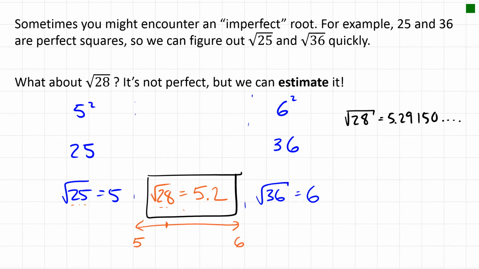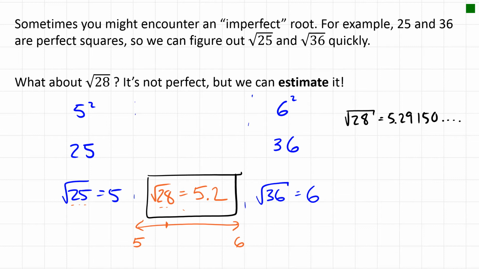But in this section, all you have to do is be able to explain your estimate and get close, which means being off by probably within a couple of decimal places, let's say.